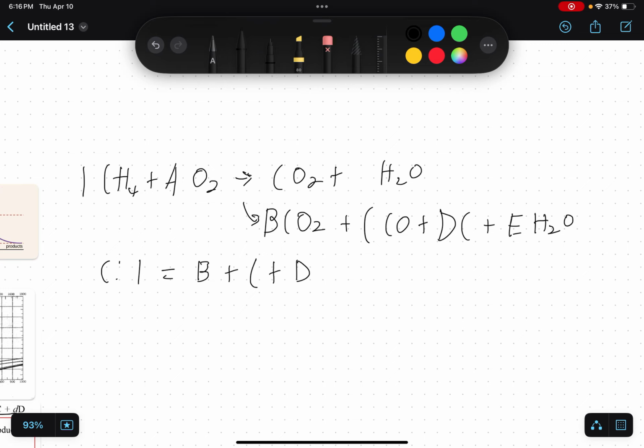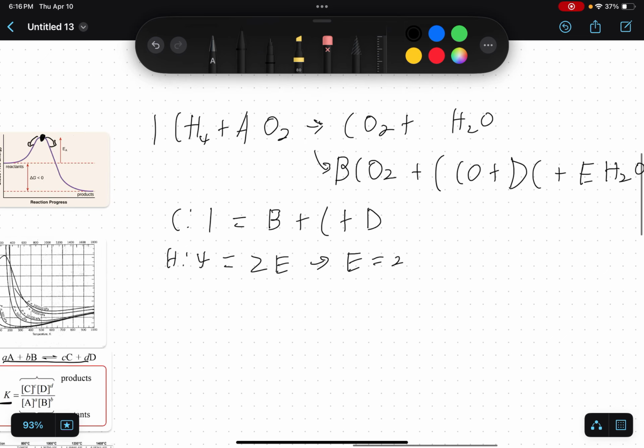All right, now let's do H. So H would be 4 on the left, and it goes to 2E on the right. So based on this, we can just say E equals 2. All right, and then the last one is O. So we have 2A O's on the left.